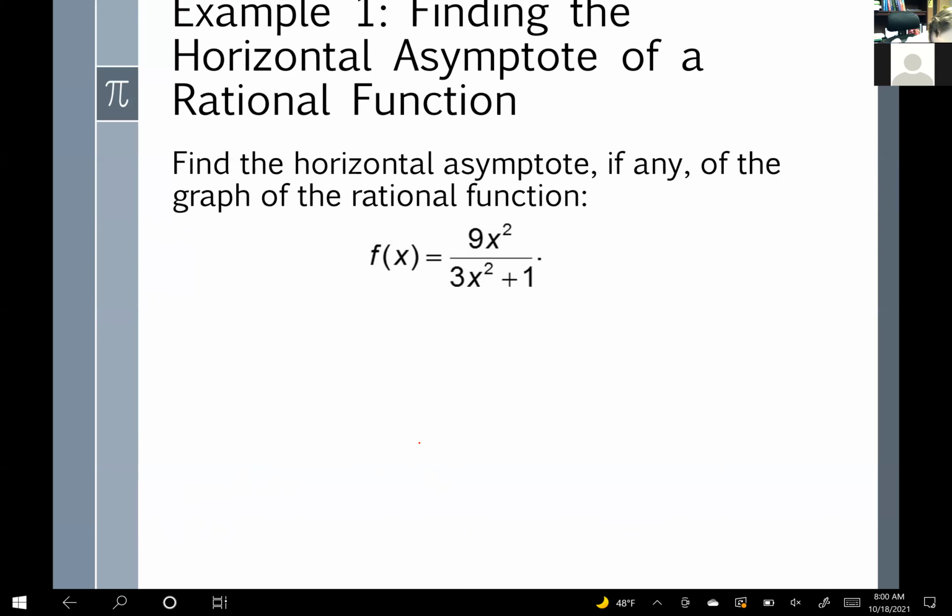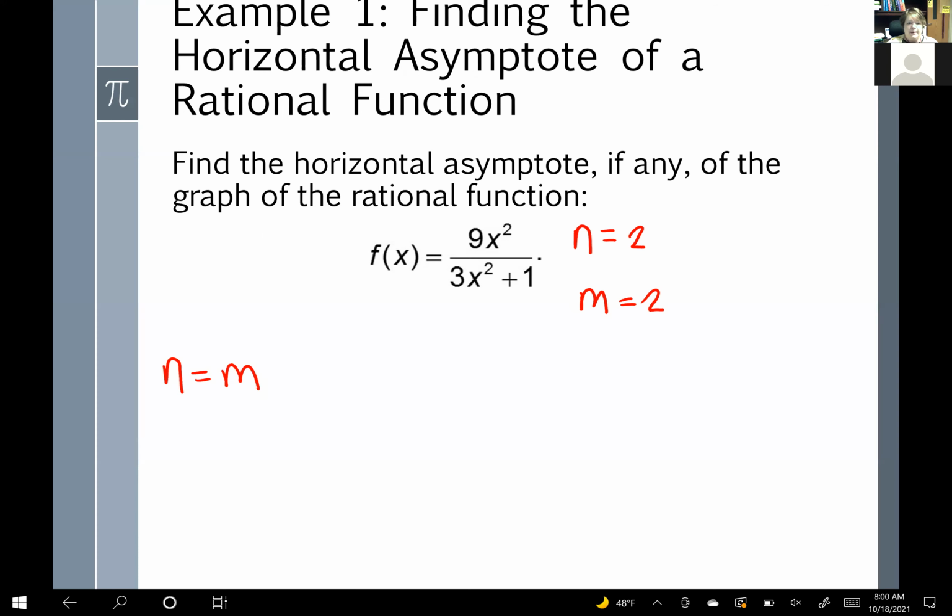So n equals 2. If we look at the denominator, the degree of the denominator, the exponent in the denominator is also 2. So m is equal to 2. So it looks like that n equals m. The two degrees are the same.